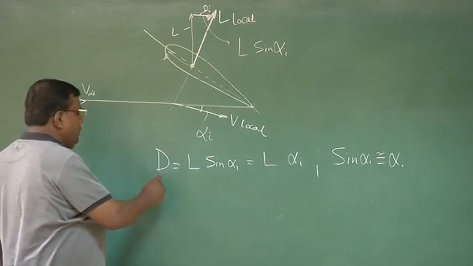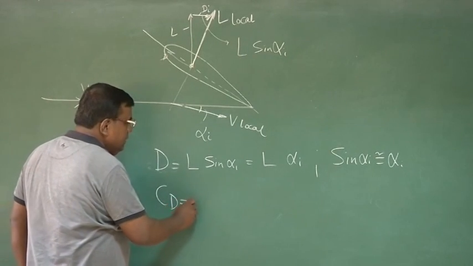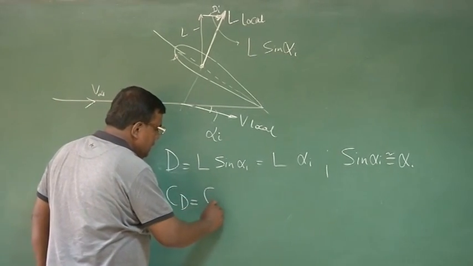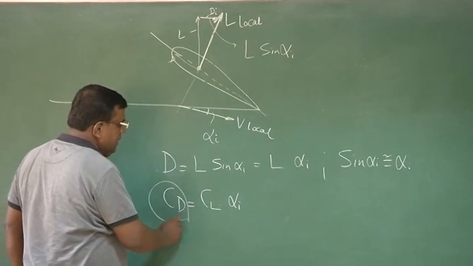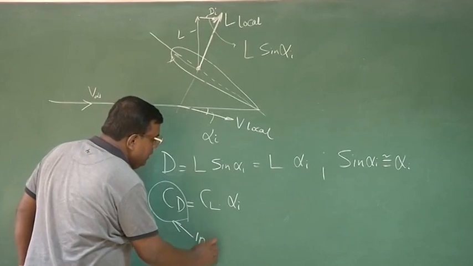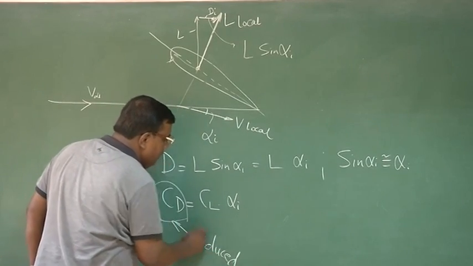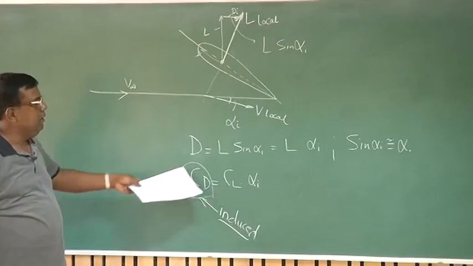Similarly, I can write this equivalently as CDi equal to CL into alpha I, where CDi, when I am writing like this, please understand, I am talking about the induced drag coefficient, right? Because it is coming from the lift.